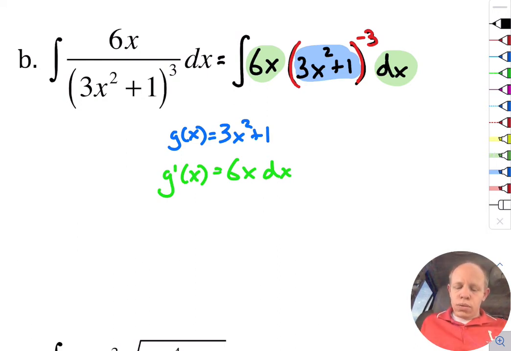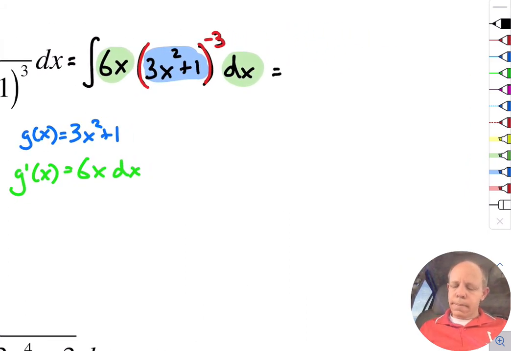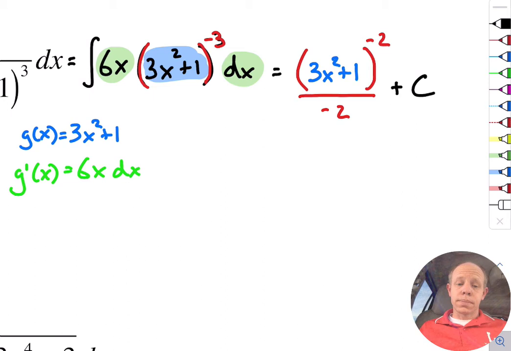So what we need to do when we take this antiderivative is just focus on the outer function first. The outer function is something to the negative third, which means we're going to add 1 to that exponent, divide by the new exponent, and then keep the inner function of 3x squared plus 1. And then finally, just plus c.